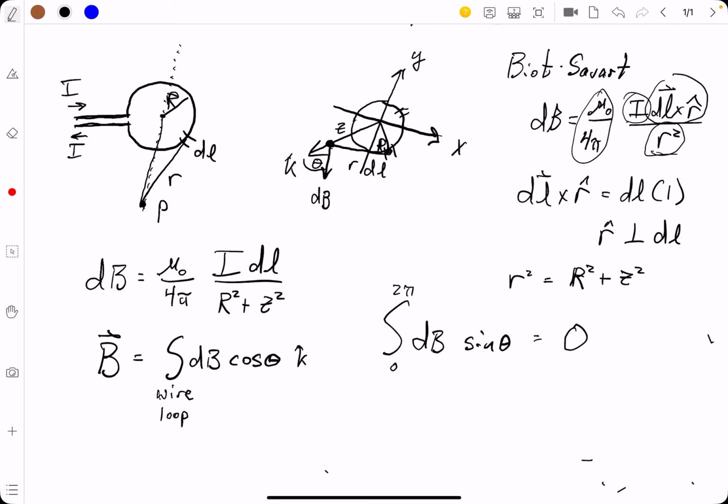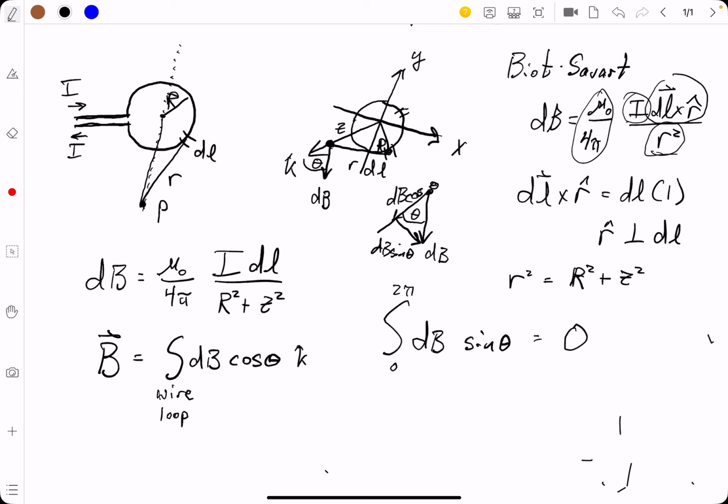So let me draw a little. Here's our point P, here's our dB, and here's our theta. So this is dB sine theta, and this is dB cosine theta.